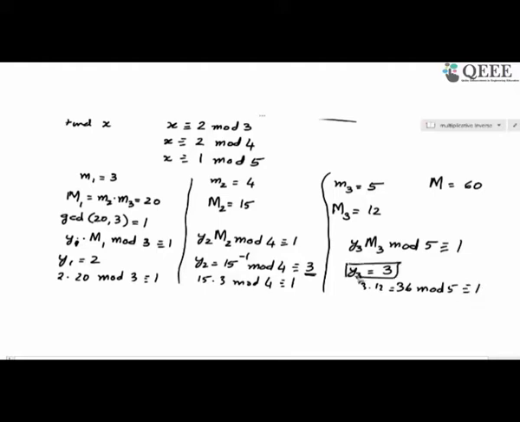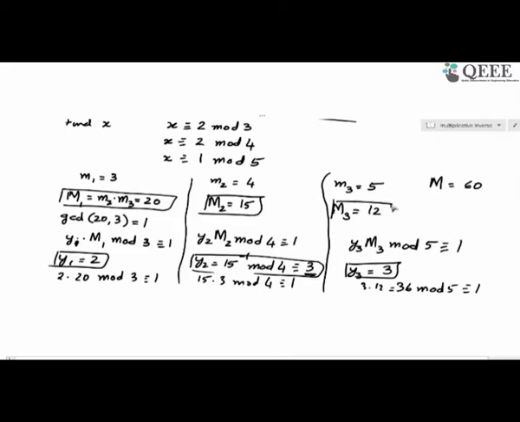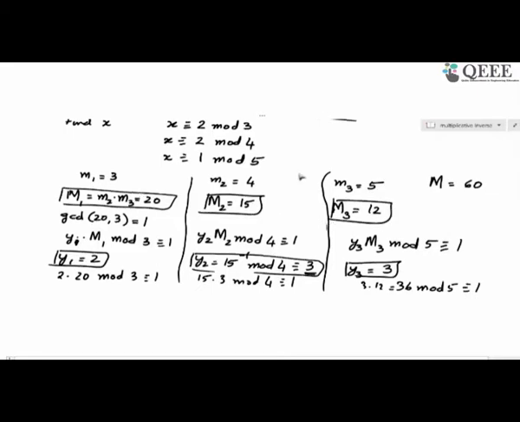So we have found the three inverses y1, y2 and y3, and we also have these individual M1, M2 and M3, and let us now apply the Chinese remainder theorem to solve for the value of x.